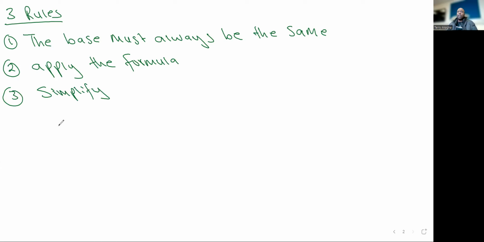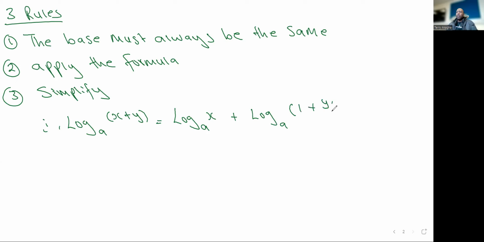So what we're saying is that log a of (x plus y) will be equal to log a of x plus log a of (1 plus y over x), because it's addition.